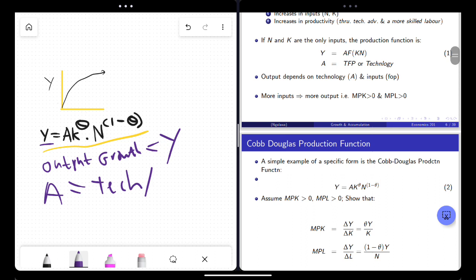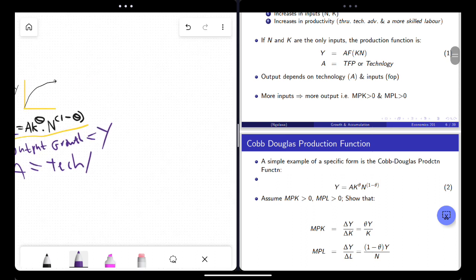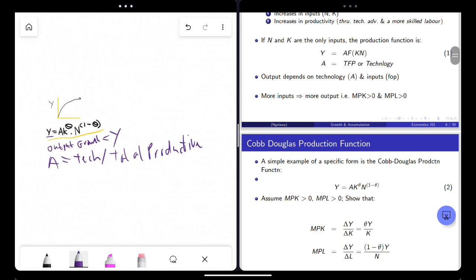Anytime you see technology or productivity, they're talking about A. If they say technology increased, or productivity increased, they're talking about A. So whenever you see productivity or technology, just think about A, I'm telling you. Which makes sense, right? Technology is the total productivity.